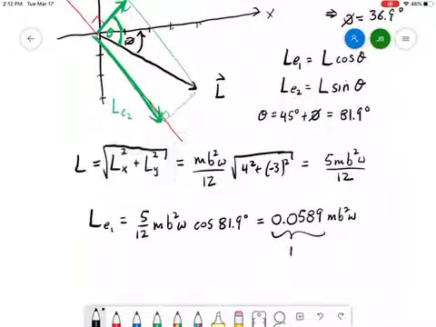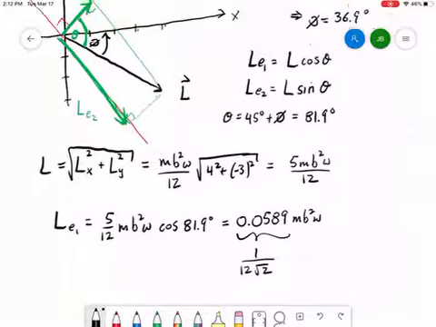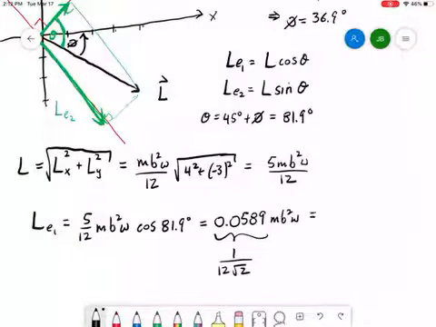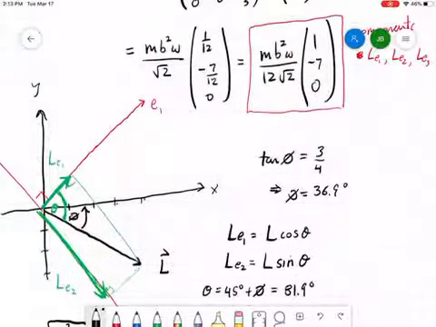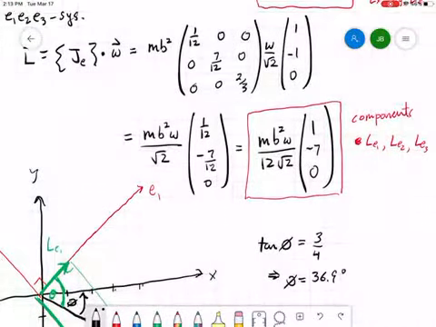So this is equivalent to 1 over 12 root 2, so that LE1 is going to be mb squared omega over 12 root 2. If we go back to this calculation, the first component, the one with the 1 here, had a mb squared omega over 12 root 2.